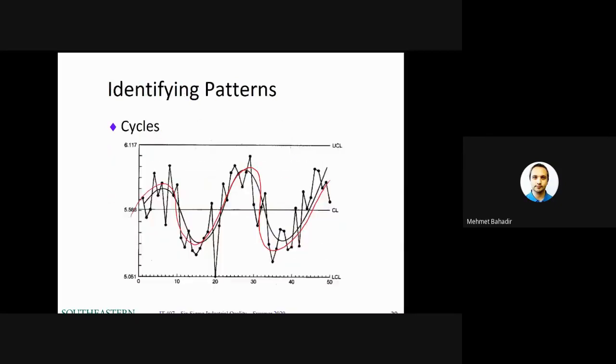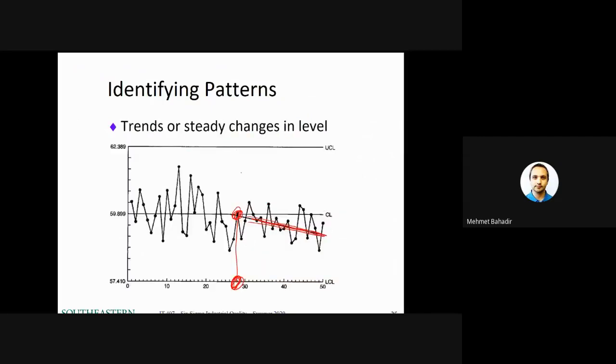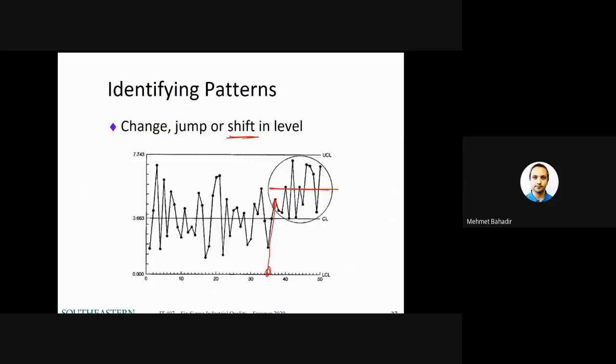So what happens when you see a pattern like this, or when you see an outside the control limit point like this one? You have to stop the production. You have to go back to that specific point in time and look for the changes, look for the problems, what happened in the past, and how to fix it.